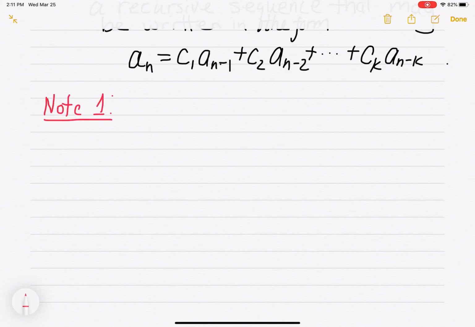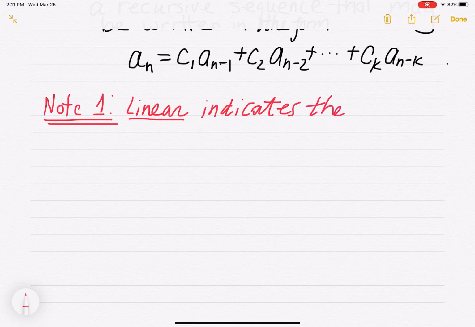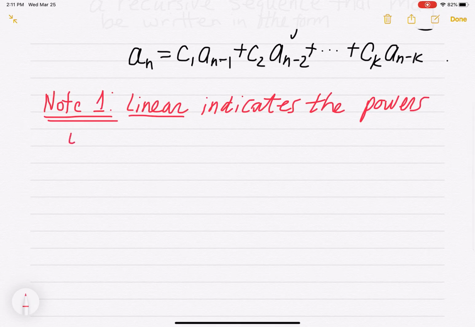The first note I want to make is that linear, this word linear, is indicating that the powers of the a_j's are all 1. Linear indicates the powers of the a_j's are 1.